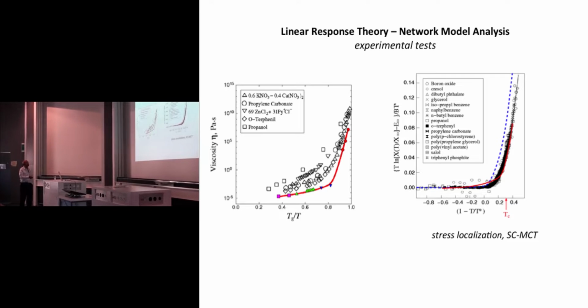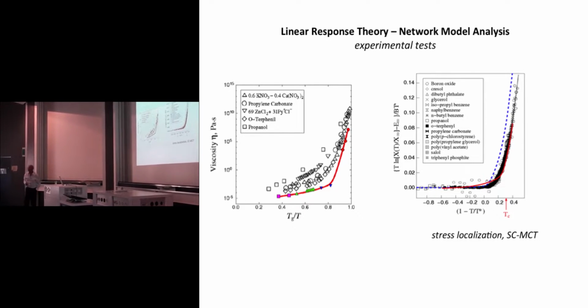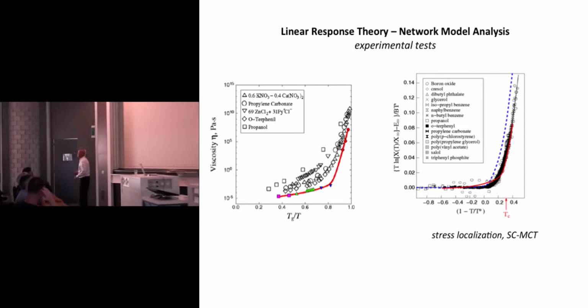And mode coupling, this is to remind me to mention that those of you who follow self-consistent mode coupling theory, a la Götze, mode coupling theory would actually predict a transition temperature somewhere here, which is right near this knee. And physically, you can imagine what's going on here is a manifestation of stress localization.